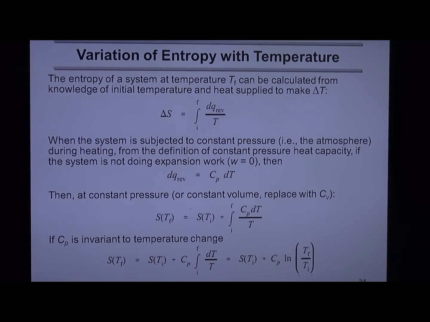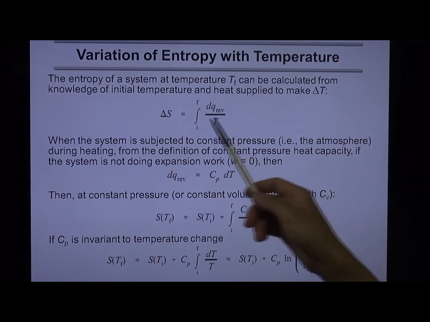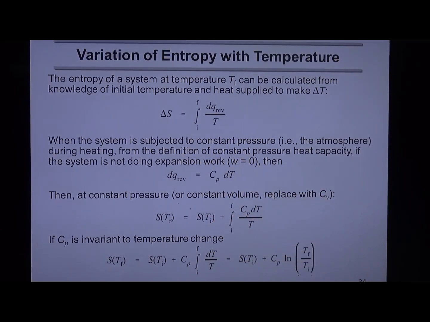Variation of entropy with temperature. We can calculate the entropy change at a specified temperature, right? What if temperature changes? Can you calculate the entropy change as a function of temperature? The answer is yes. How? This is basically the definition of entropy change, right?